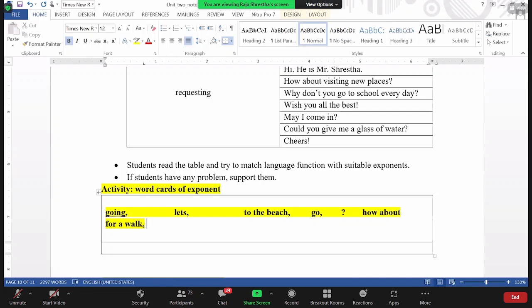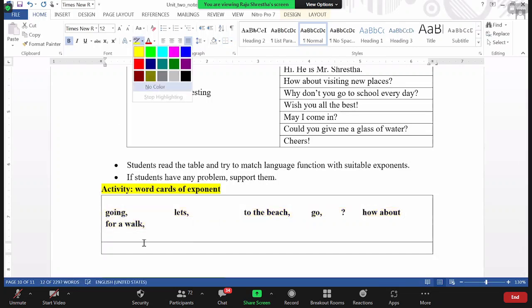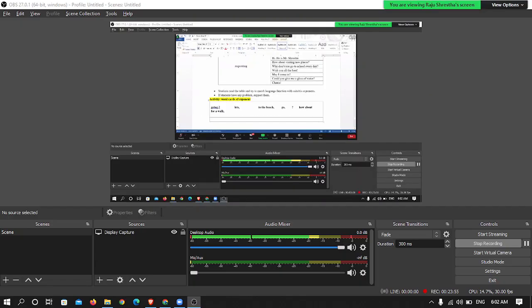Yes, for work, let's go for a walk. How about going to the beach? In this way, we can prepare this kind of different cards.